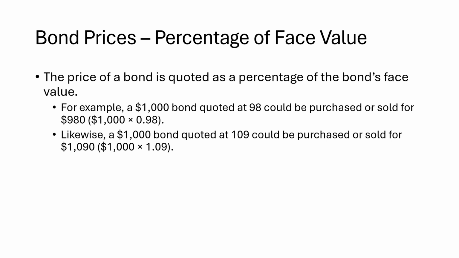So you see that calculation here. So that bond would sell for $980. If a similar bond was quoted at 109, that is greater than 100%. So that's going to be selling at a premium. So $1,000 times 1.09 will give you $1,090.